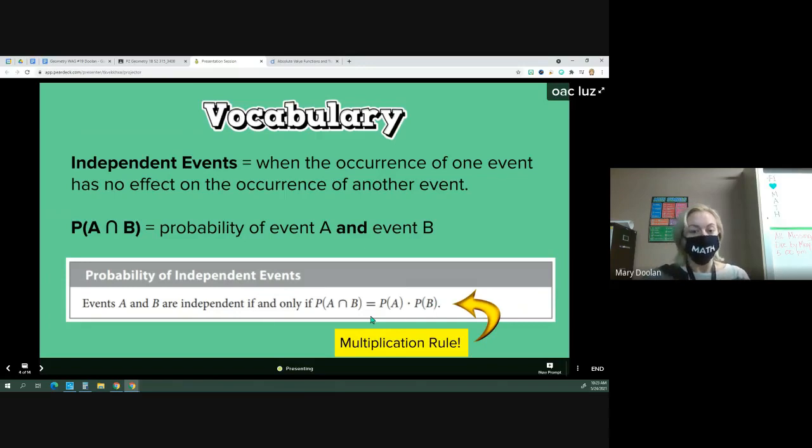So if I'm talking about rolling a 3 on a die as event A and flipping a coin and getting heads as event B, then I would just multiply 1/6 times 1/2, and I get 1/12 as my solution. So that's what we're going to be using today, the multiplication rule for independent events.